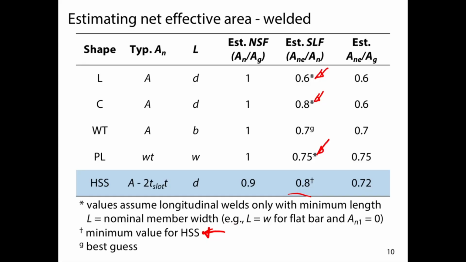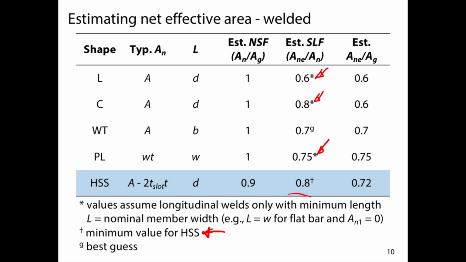Which of these two tables do you think I should be using if I don't really know if they're going to be welding or bolting that tension member when they go to build it to design my tension member? Should I be using the welded tension member table or should I be using the bolted tension member table?